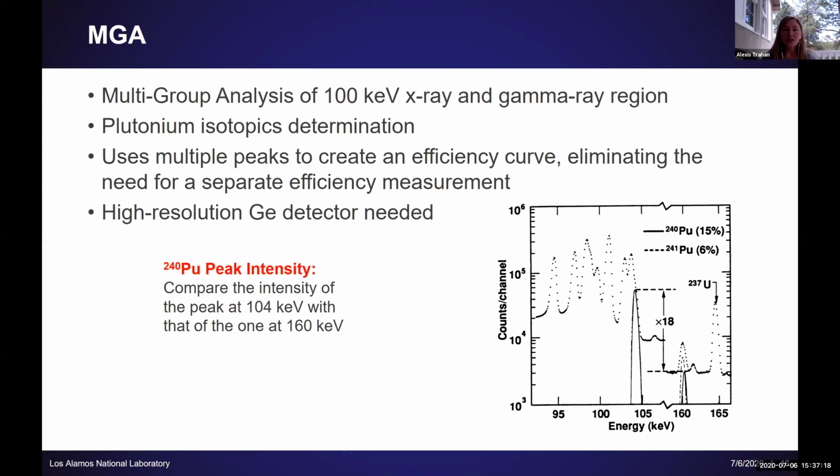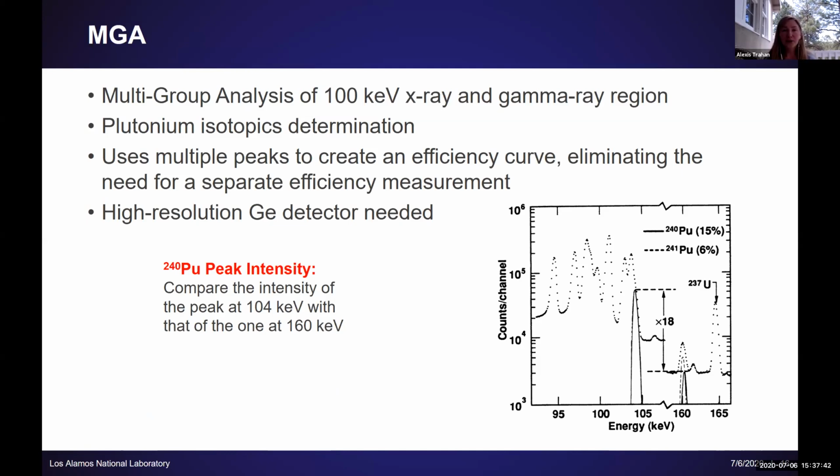MGA is multi-group analysis. This is analysis of the low energy X-ray region as well as the gamma ray region, and you use this analysis type to determine plutonium isotopics. That's because there are some characteristic gamma rays emitted from plutonium in this energy region.